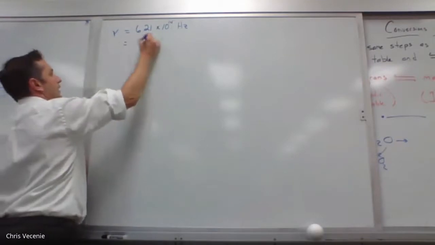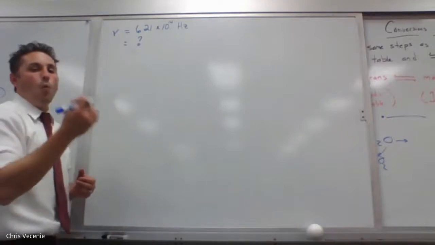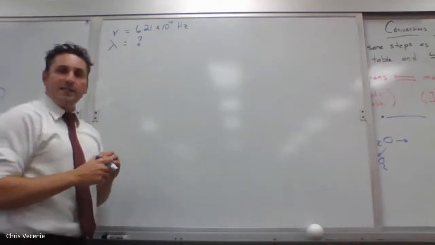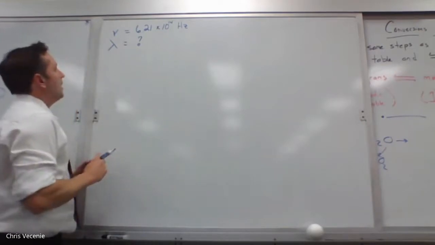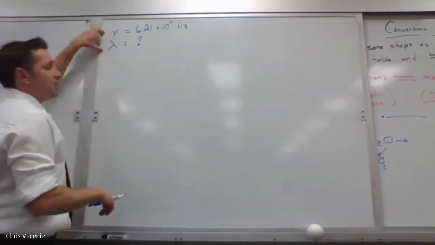So then it was list what you're looking for. And the question said, what is the wavelength? And the abbreviation for wavelength is that Greek symbol lambda. Then what I do is I find an equation that has these two things in it.